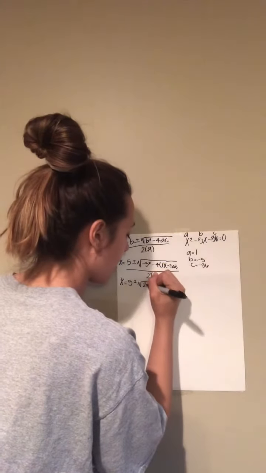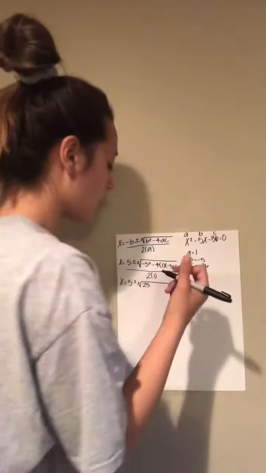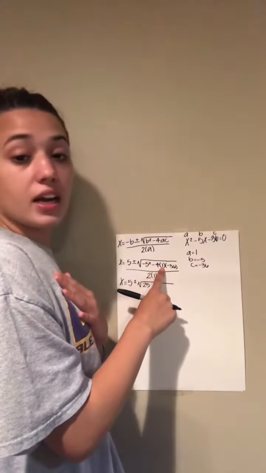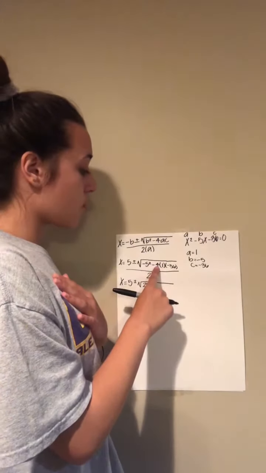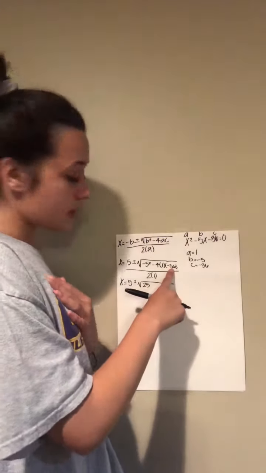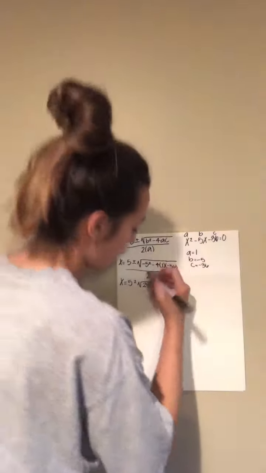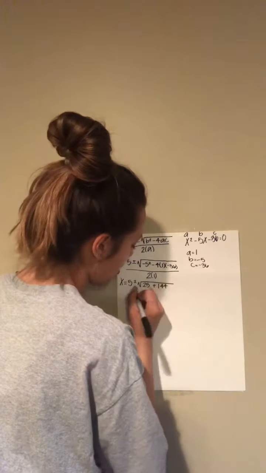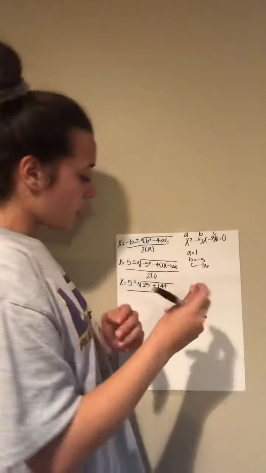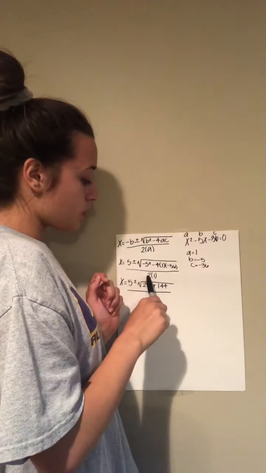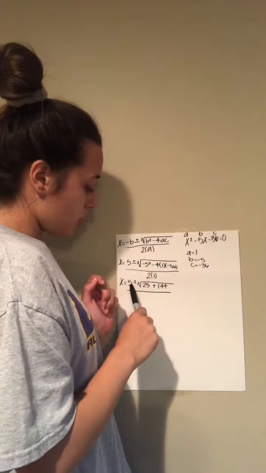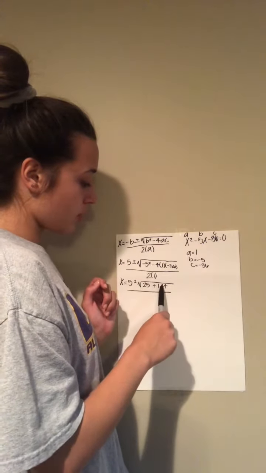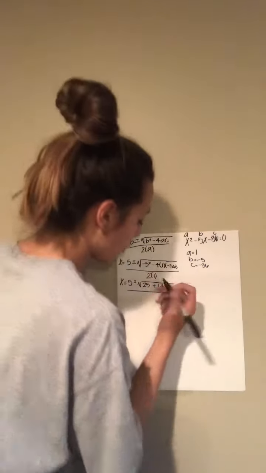So write that in the square root. Negative 4 times a positive 1 is a negative 4. And negative 4 times a negative 36 is a positive 144. All over, your next step is to multiply 2 times 1.